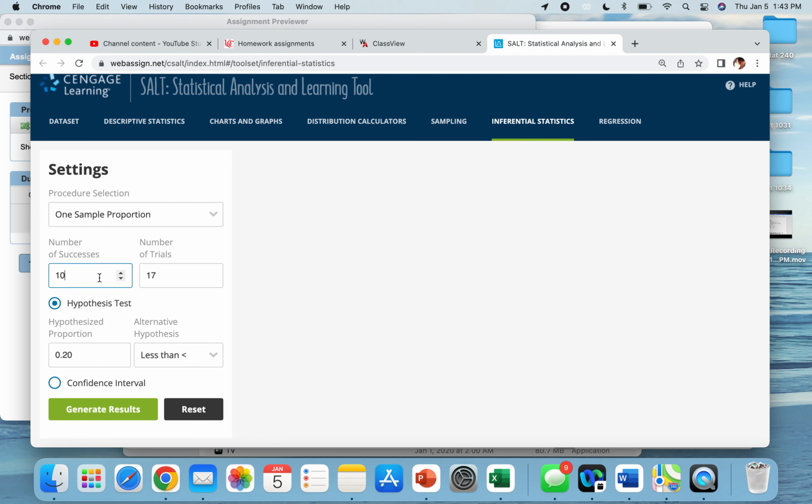So 10 people are the successes out of 17 trials. And if we want to test less than 20%, we put 0.20 and we use less than. This is a drop down box for that. We're testing a proportion, so we're using one sample proportion.